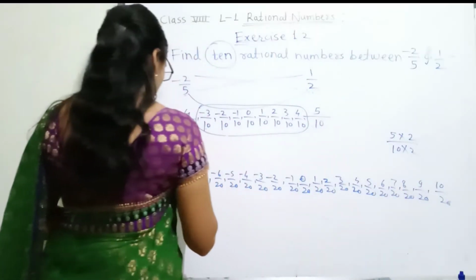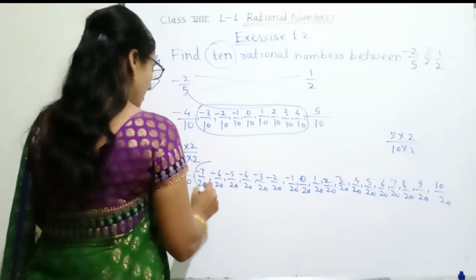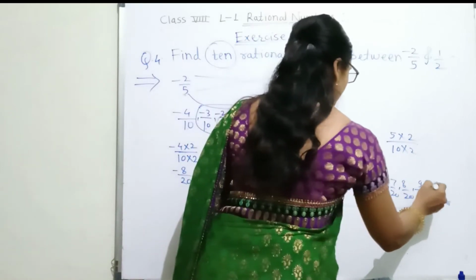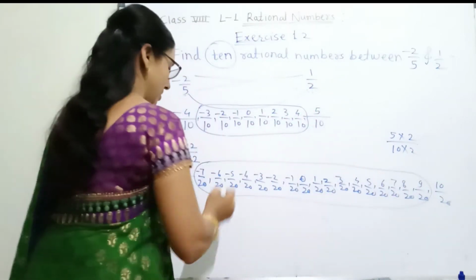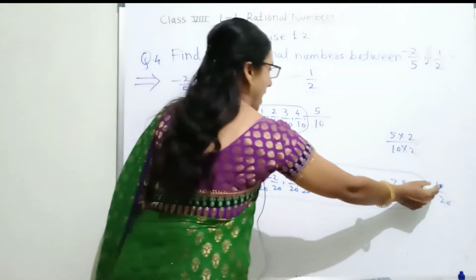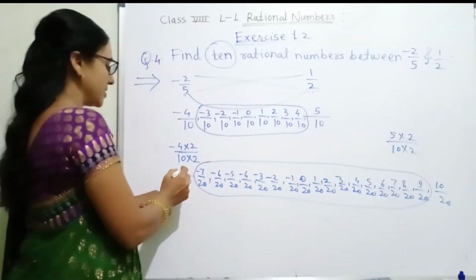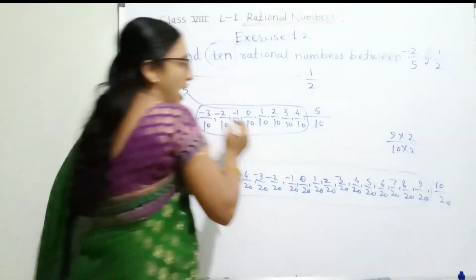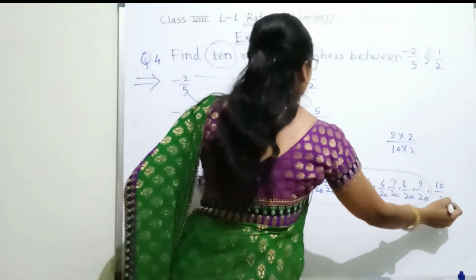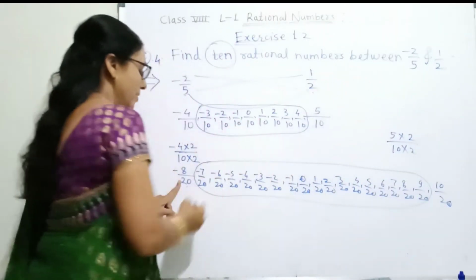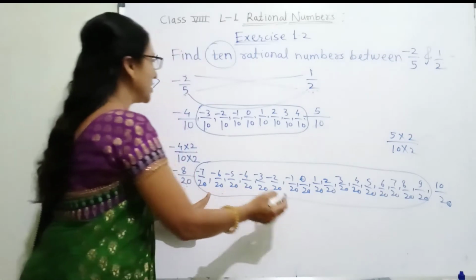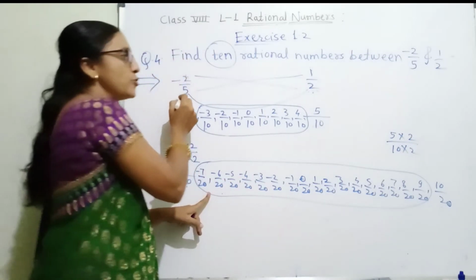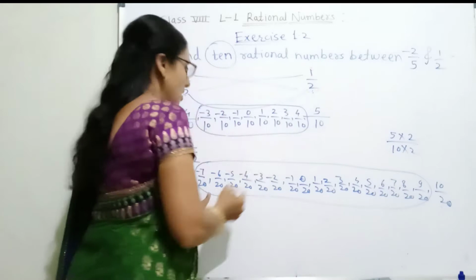These are the rational numbers between minus 8 by 20 and 10 by 20, and minus 8 by 20 is equivalent to minus 2 by 5 and 10 by 20 is equivalent to 1 by 2. Means these are rational numbers between minus 2 by 5 and 1 by 2.